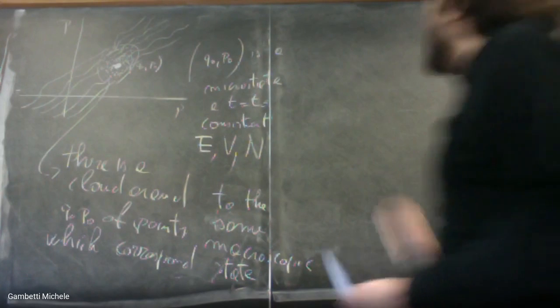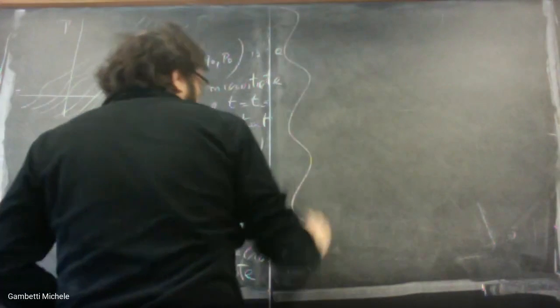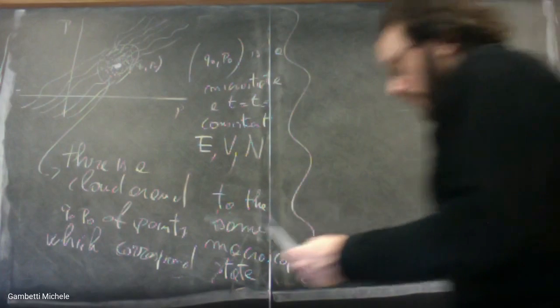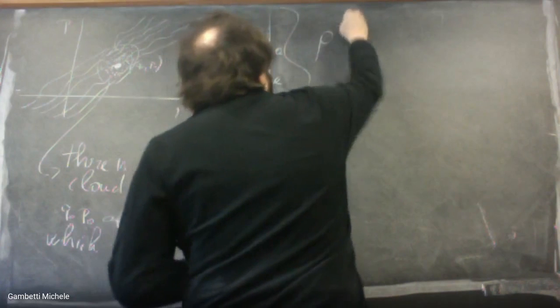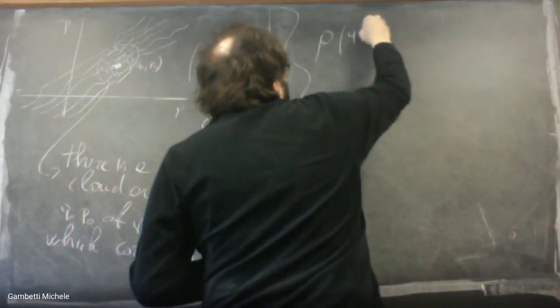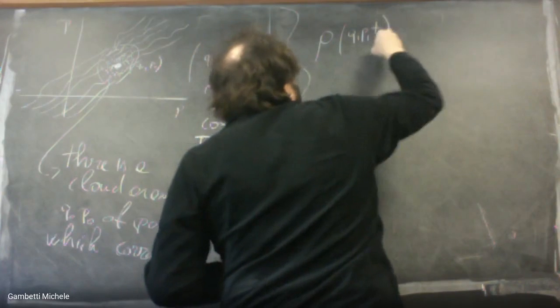Now, what we define is a kind of probability, or a density of probability, rho, which is a function of Q, P, and t.